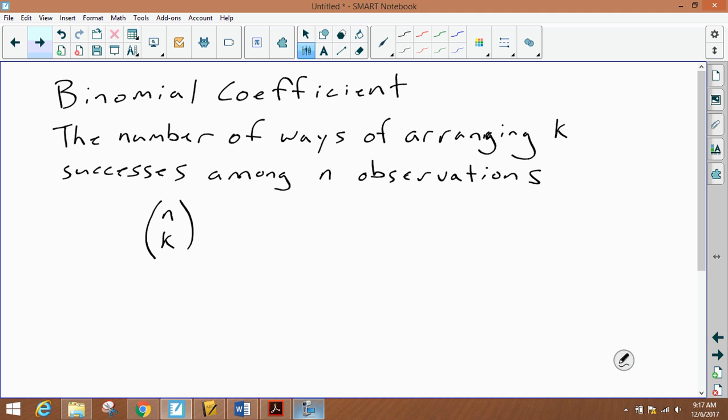In your calculator, it's a lowercase n, nCr, nCk.